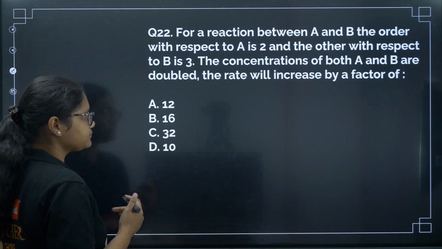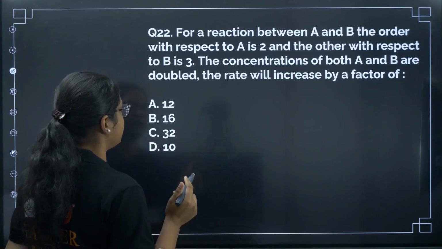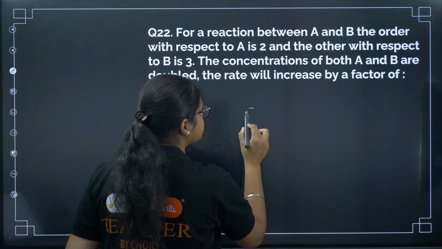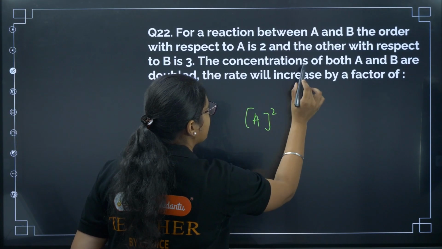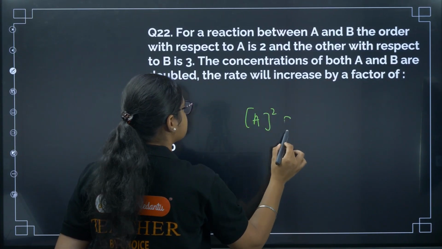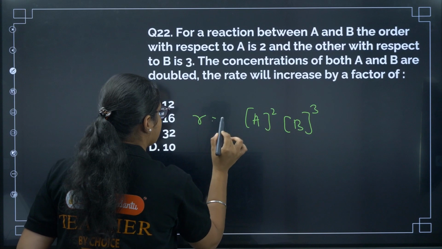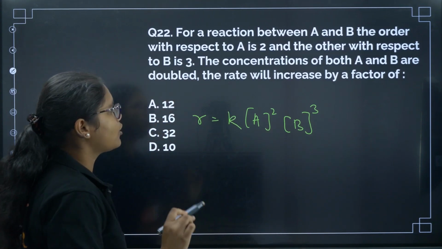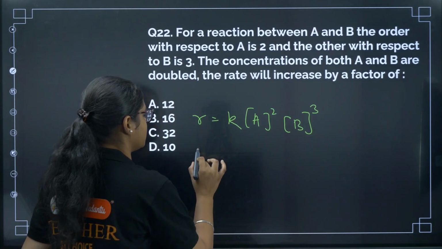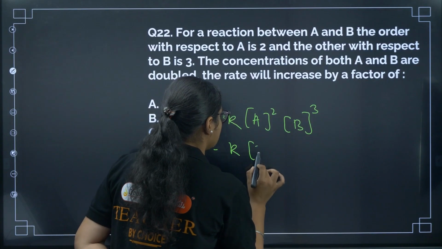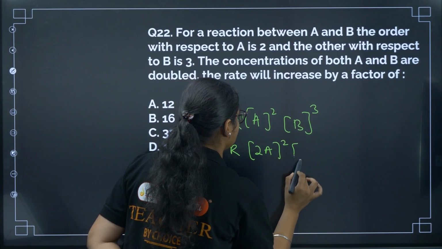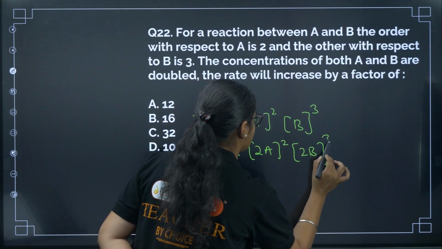Next, for a reaction between A and B, the order with respect to A is 2, okay, and the order with respect to B is 3, okay. So this is the rate. Now what you have done, the concentration of both A and B is doubled. So we will have rate equal to K into 2A and then 2B, okay.